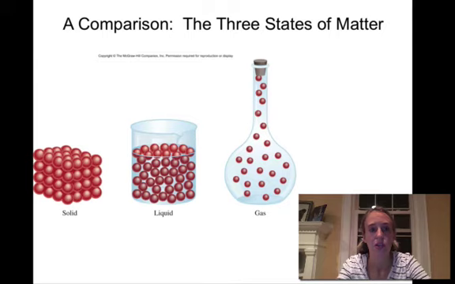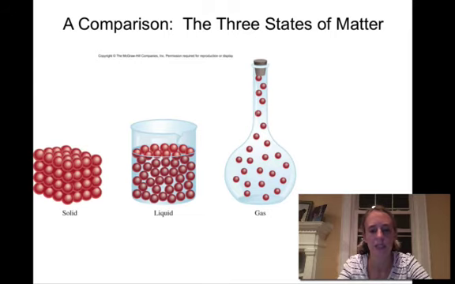And you've probably seen a graphic like this before. In a solid, the building blocks of that substance, the molecules or the ions or the atoms, are in some sort of lattice, or maybe fairly amorphous. It might not be as structured as this picture indicates, but they're very, very tightly packed together.